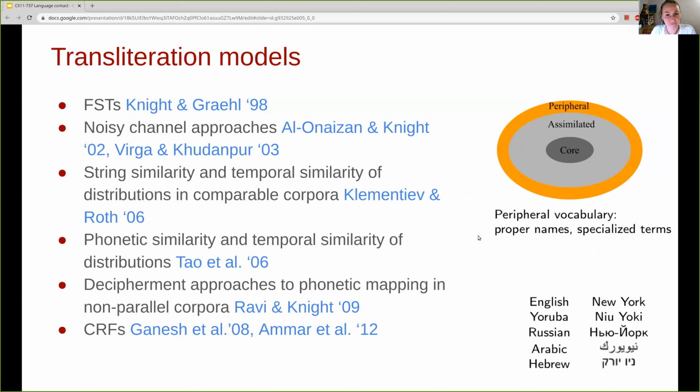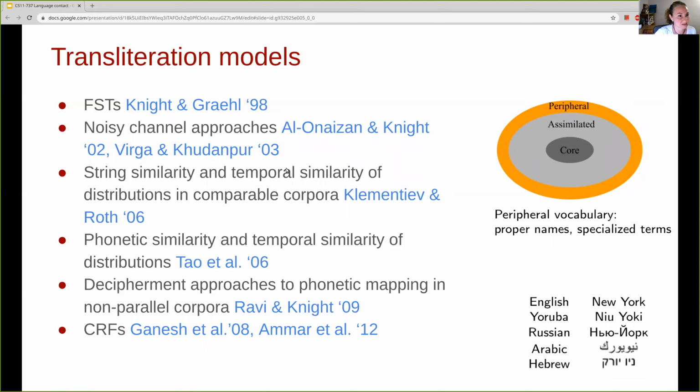A number of model-based methods for machine transliteration have been developed in the past. Such models assume that character sequences in the source orthography correspond to predictable character sequences in the target orthography, possibly depending on context.